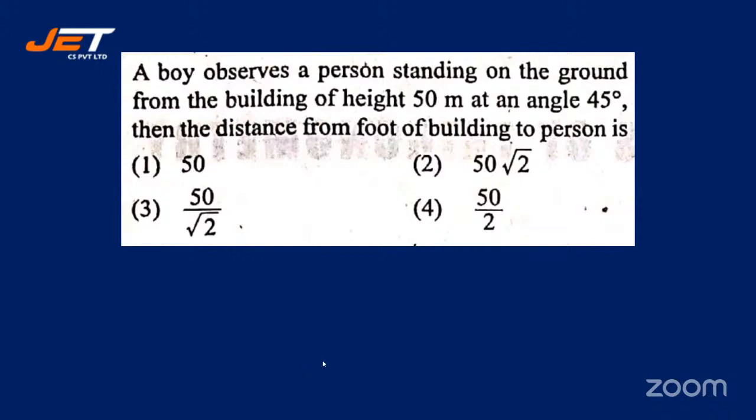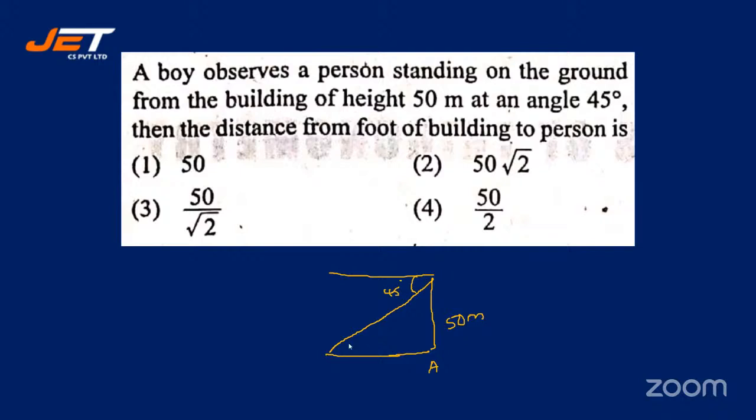So this is the height of the building, 50 meters. He observes the man who is standing on the building. Height is 50 meters. And what is the angle? You can see here, it's 45 degrees.